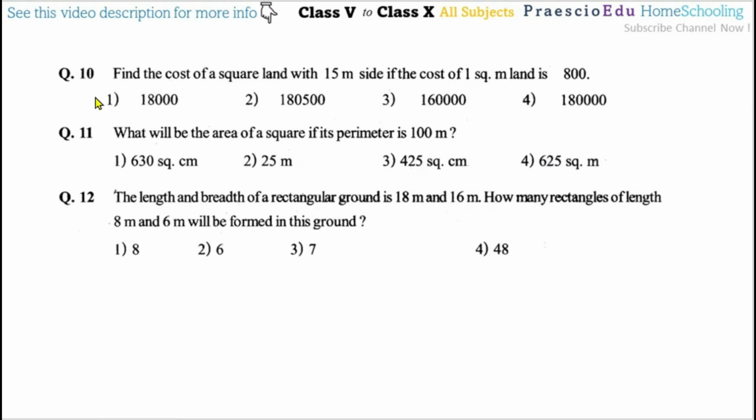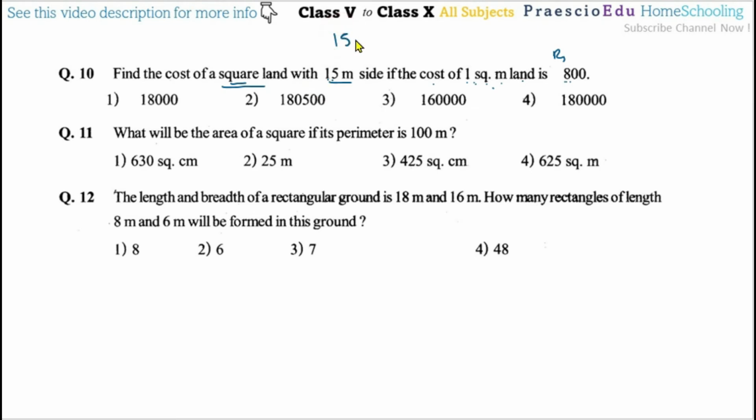Then question number 10. Find the cost of a square land with 15 meter side if the cost of 1 square meter of land is 800. Now here 800 is the cost, suppose this is in rupees. So for 1 square meter, 800 rupees is the cost. As per this, the square land has a side of 15 meter, and as we know, a square means all the sides are equal, that is 15 meter.